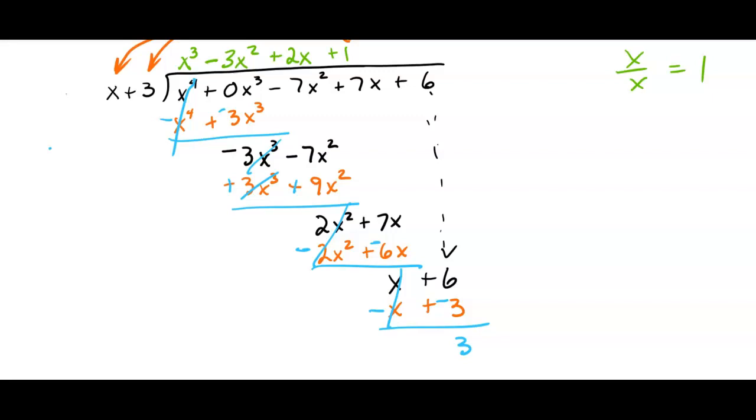What's the answer? The answer is going to be all of that stuff that I wrote above the division bar, all of that, plus, and then I take my remainder, 3, and I put it over the divisor, x plus 3.